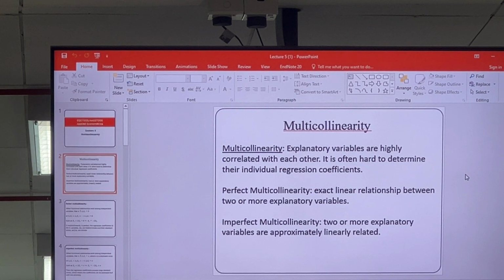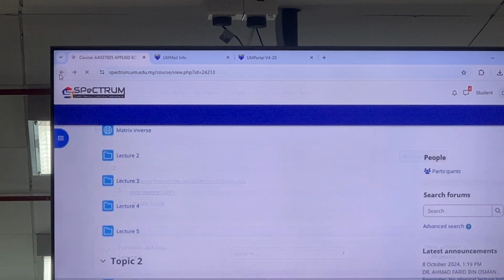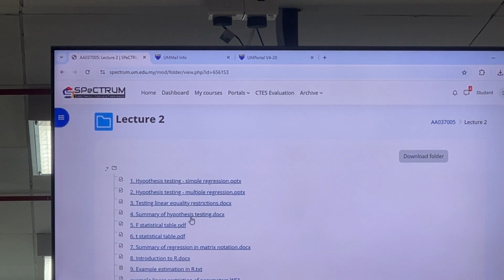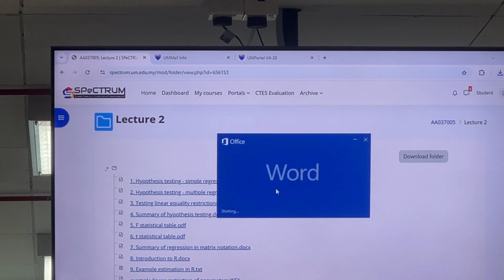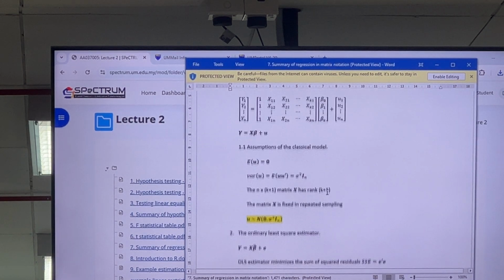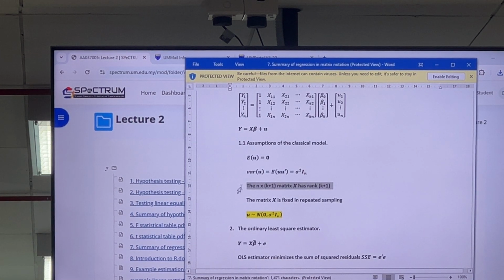So remember the assumption in lecture 2, where we discussed that there is no linear relationship between independent variables.